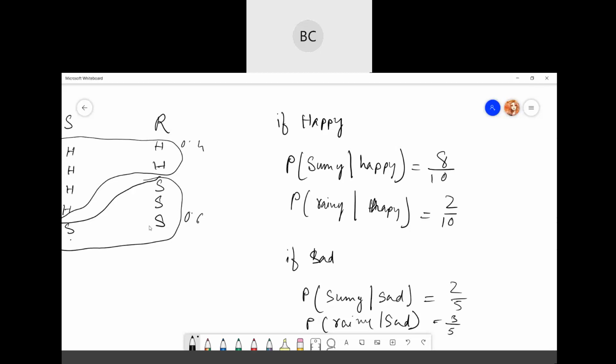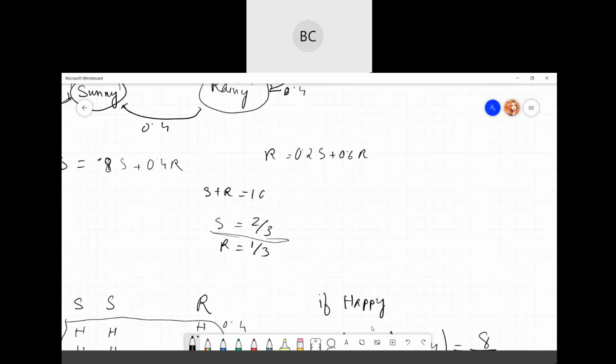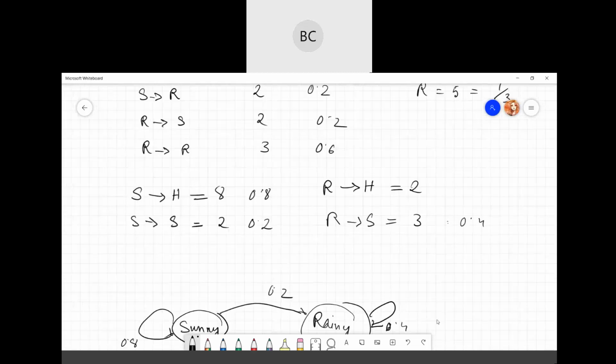Based on this you can again draw the chains like happy, sad, sunny, rainy. The chain will maybe look like this. So this will be your Markov chain, and the whole model is the Markov model.